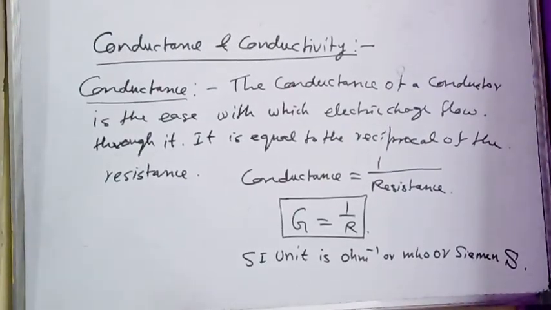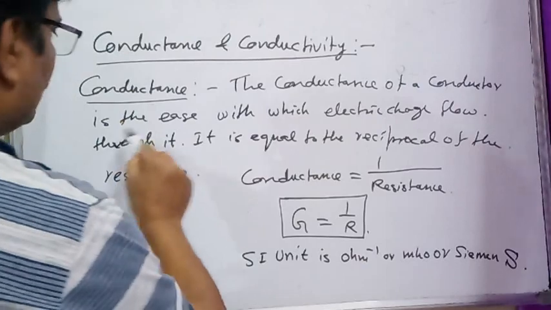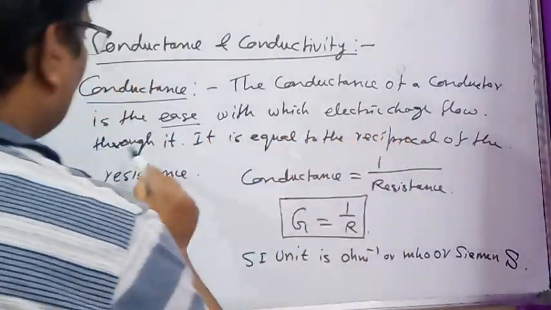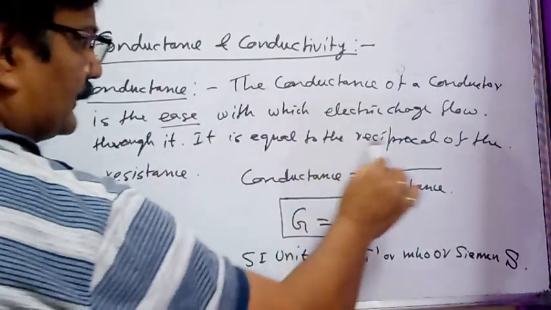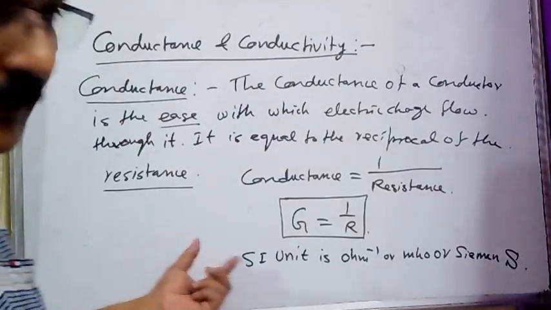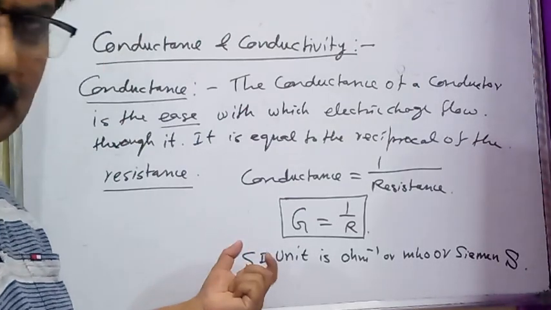What is the conductance and conductivity of a material? Conductance of a conductor is defined as the ease with which electric charge flows through that conductor, and it is equal to the reciprocal of the resistance. How easily electric charge can flow through a conductor after the application of potential difference?